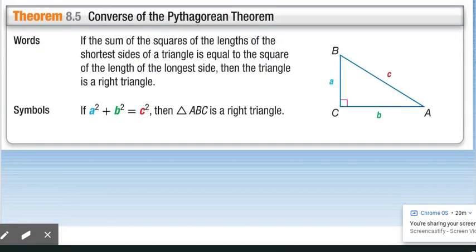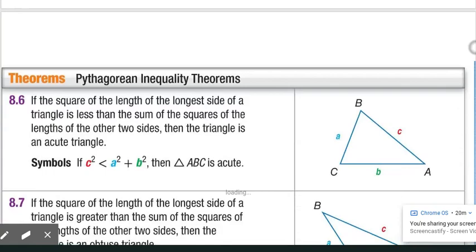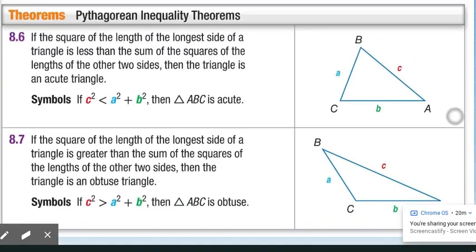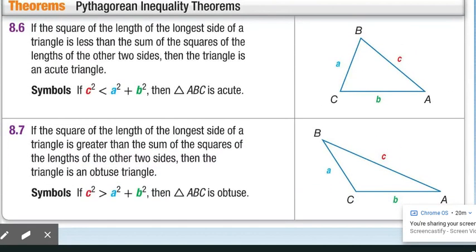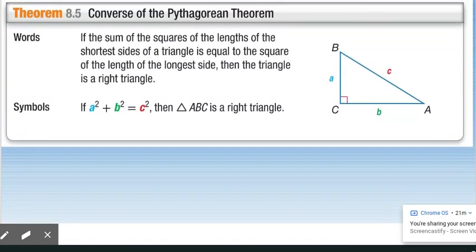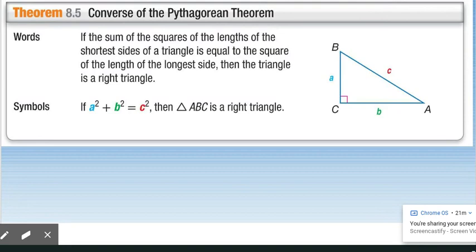Let's go ahead and look at these next problems so that we can know exactly what type of triangle it is. So here's the deal. If they gave you a triangle, and you tested it with the Pythagorean theorem, you would know what type of triangle it is.